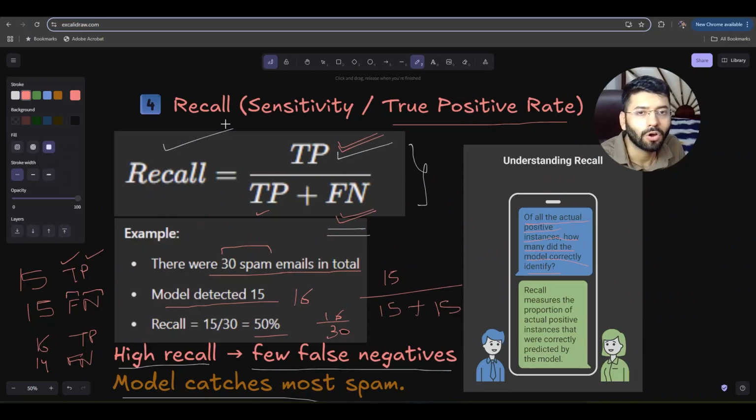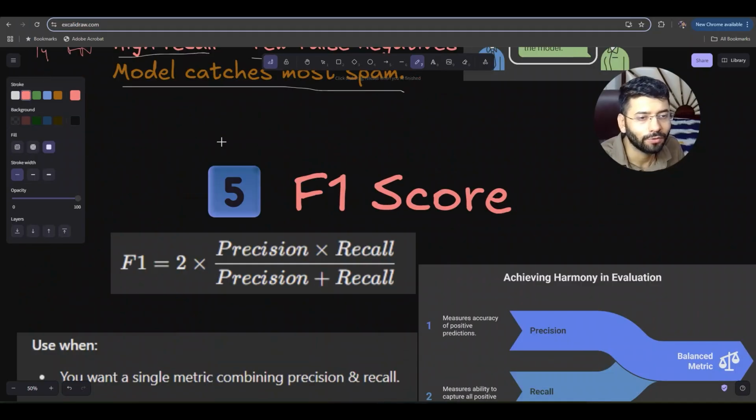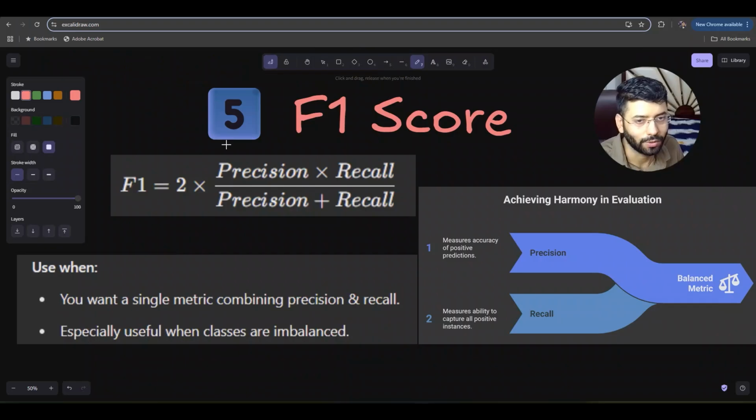After recall, let's talk about the fifth one, which is the F1 score. As you could see, precision and recall had very similar formulas. Now to make things more interesting, F1 score is the harmonic mean of precision and recall, which means it balances both of these. The formula is F1 equals 2 into precision into recall divided by precision plus recall.